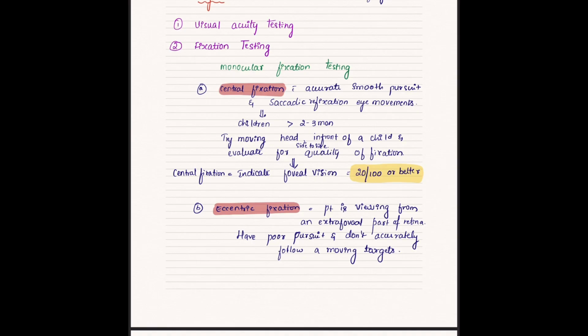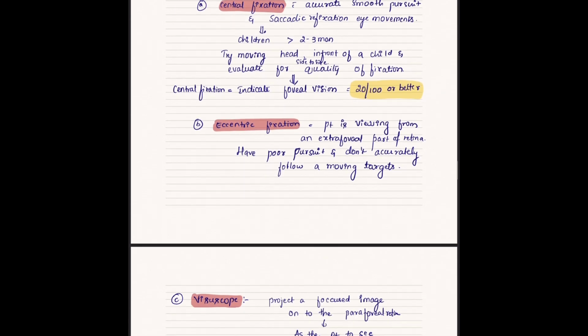Smooth pursuit movement indicates the child has good foveal fixation and at least a vision of 20 by 100 or better, and this should usually be seen above 3 years of age. Eccentric fixation, where a patient is viewing from an extrafoveal area of the retina, will have poor pursuit movement and will not be able to accurately trace the moving object.